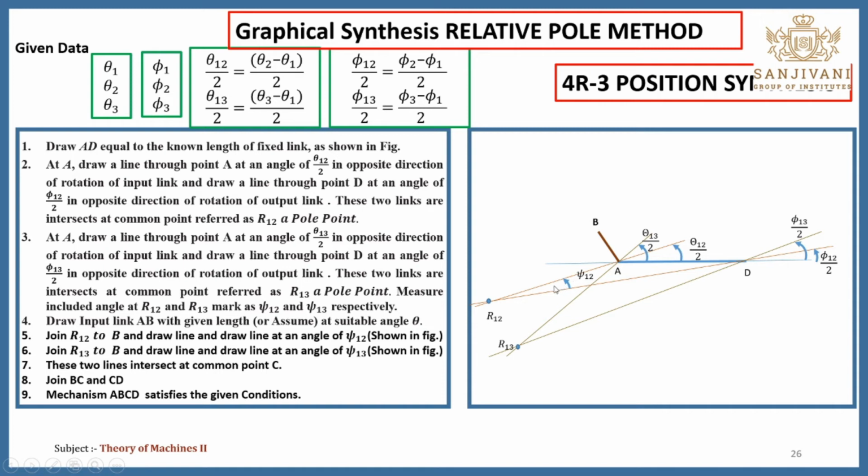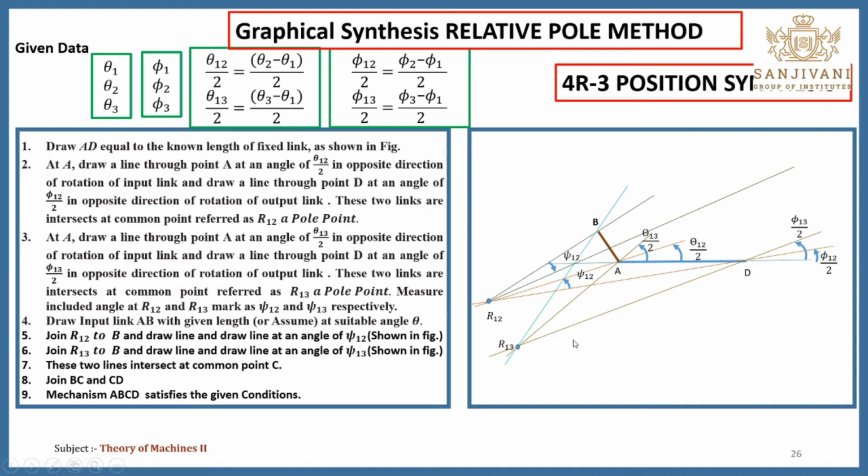Next, measure the included angle of the relative pole, psi 12, and join R12 to B, and with reference to this R12B line take this psi 12 angle in a clockwise direction. You will get one inclined line.